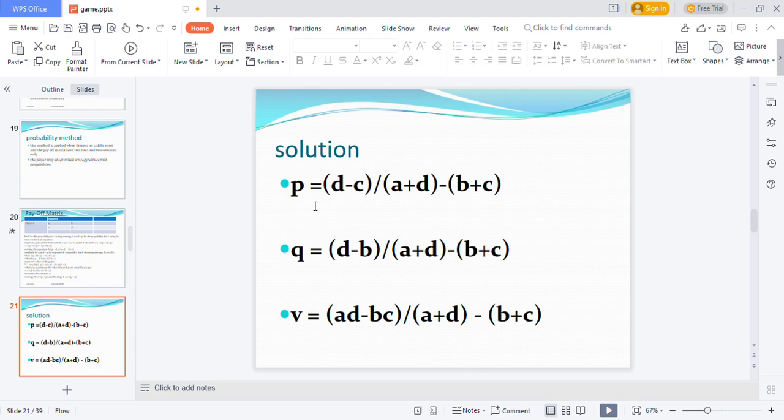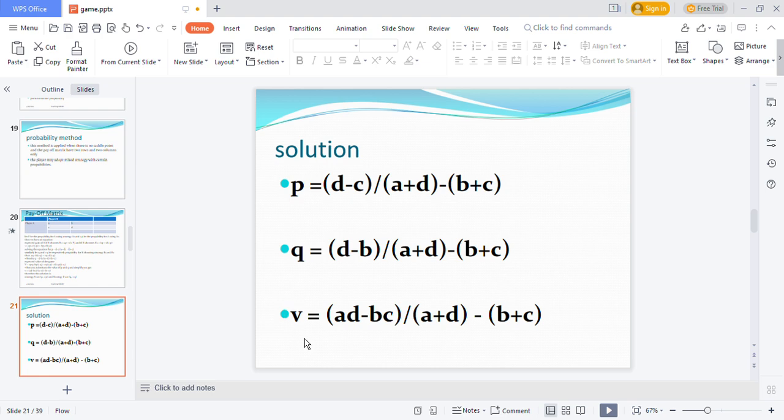For you to get P, you say D minus C, close the bracket, divided by A plus D, close the bracket, minus, open the bracket, B plus C, close the bracket. For Q, the value for Q, open the bracket, D minus B, close the bracket, divided by, open the bracket, A plus D, close the bracket, minus, open the bracket, B plus C, close the bracket.